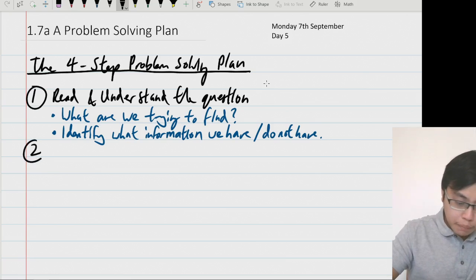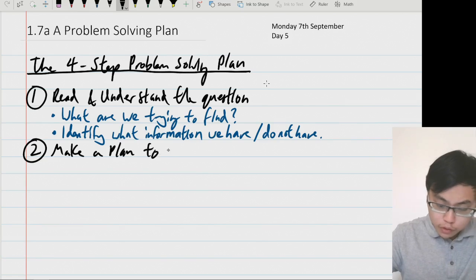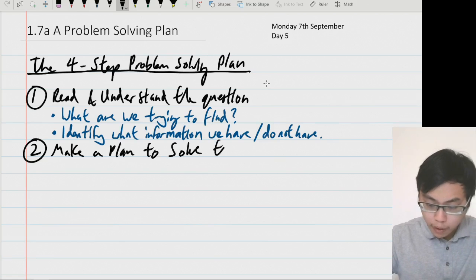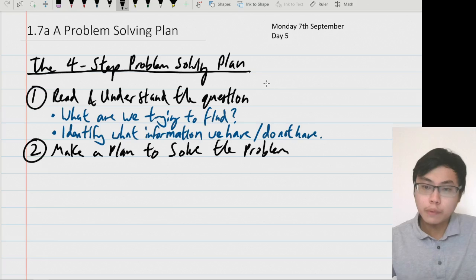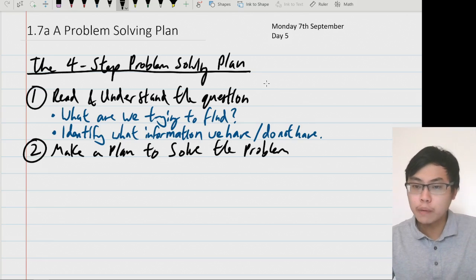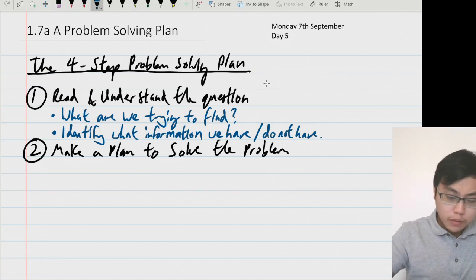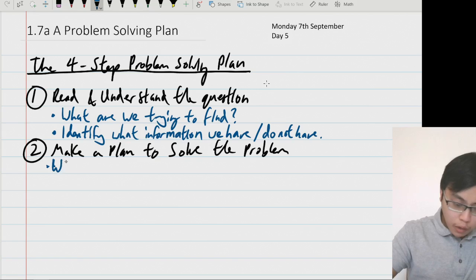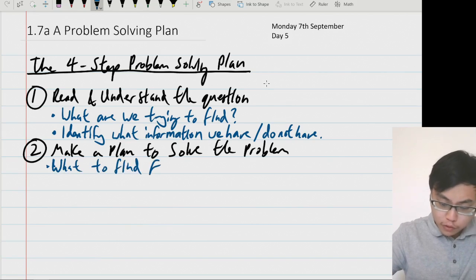So now that we know what we're trying to find, and what information we do not have, we want to start making a plan to solve the problem. So we want to decide on a strategy, a problem-solving strategy. Perhaps what to find first.